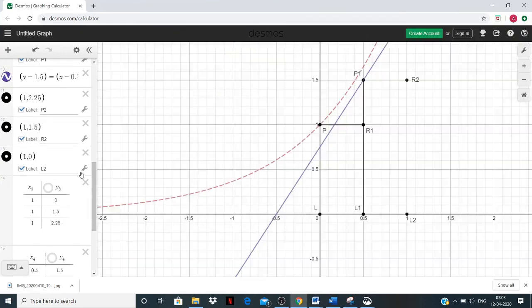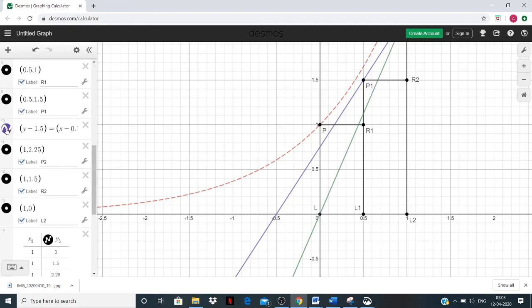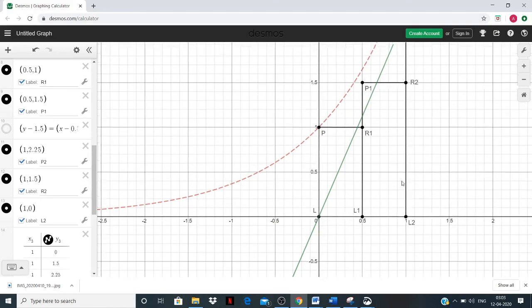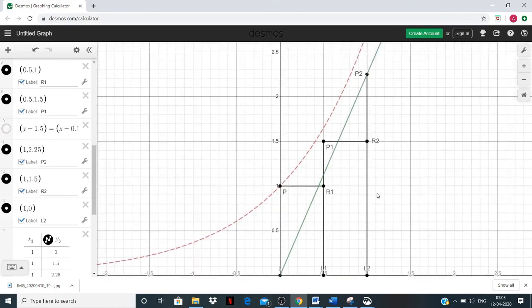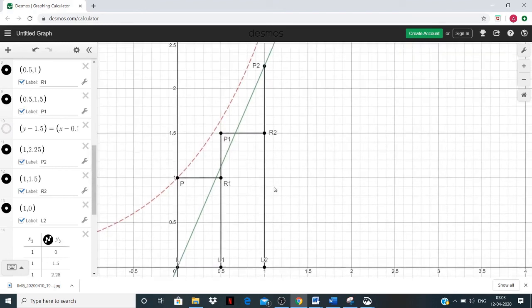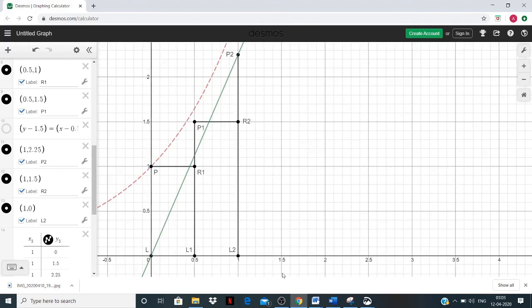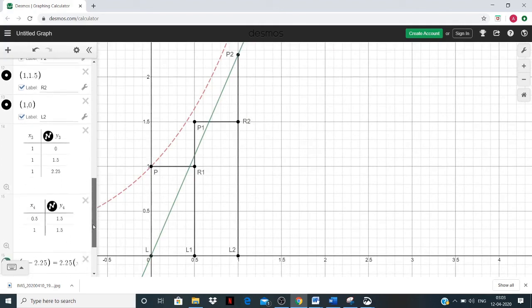When we plot this tangent line, we get this line. The next point we have to consider is when x is equal to 1.5.